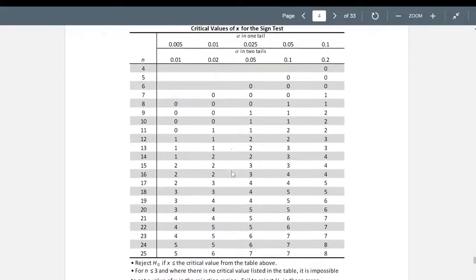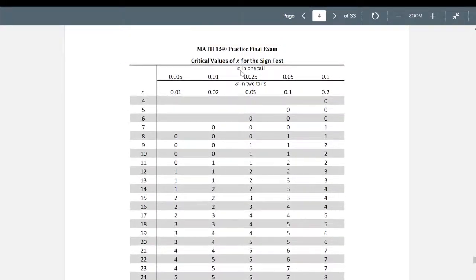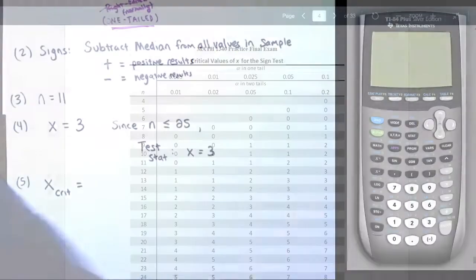Here we are, critical values of x for the sign test. Alpha in one tail, 0.05. And the value of n was 11, 8 plus signs, 3 minus signs. 11, 0.05 in one tail. Look at that row in that column. You get a critical value of 2.